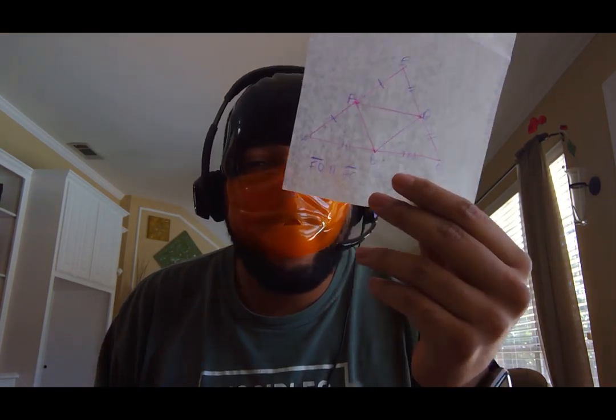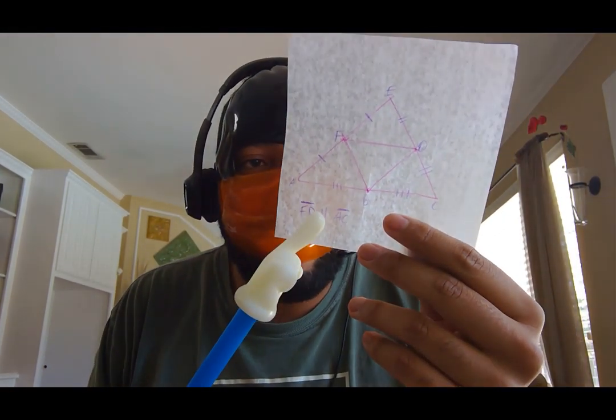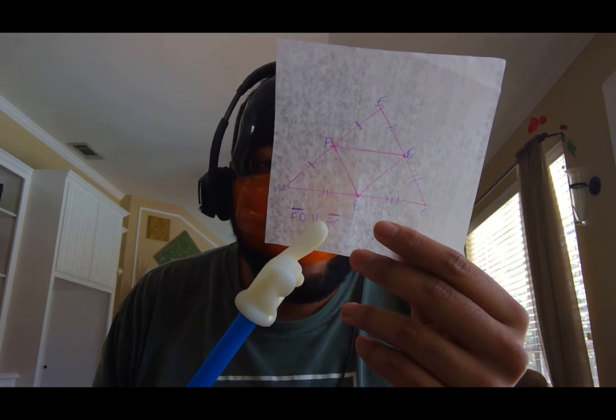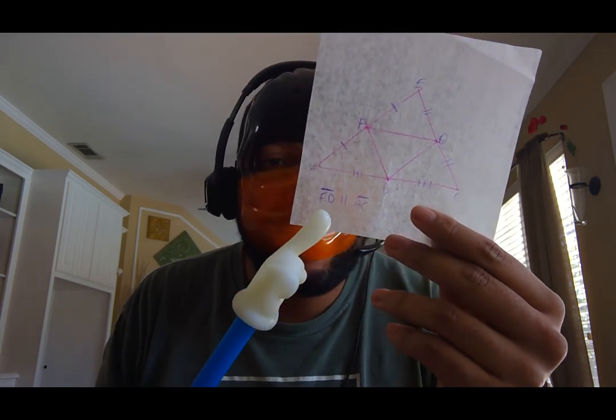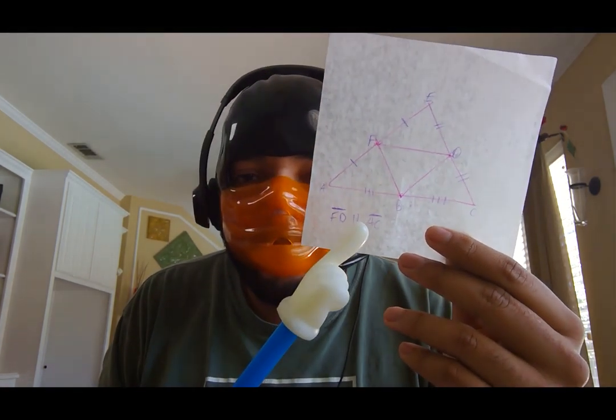Notice the line above it. That means line segment. Parallel to AC. This says line segment FD is parallel to line segment AC.